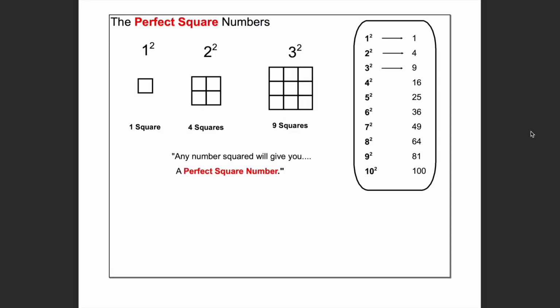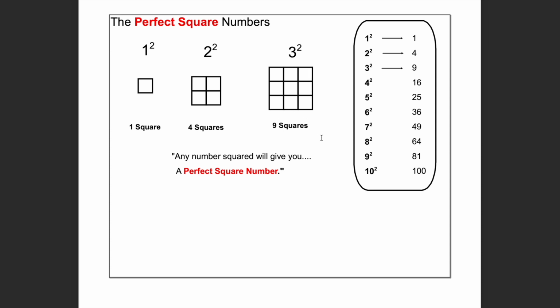Perfect square numbers. These are numbers that give us, well, perfect squares. You can make squares out of them. 1 squared, well, if you have 1 square, it makes a square. 2 squared, you've got 2 times 2 gives you 4. So this is where area comes in. 3 squared, 3 times 3 gives you 9.